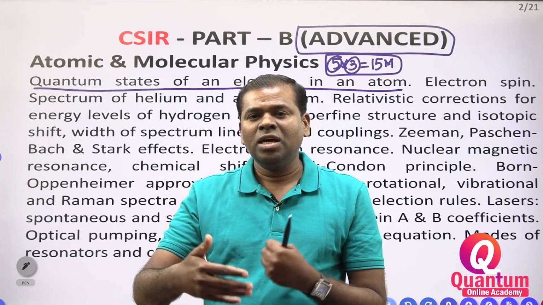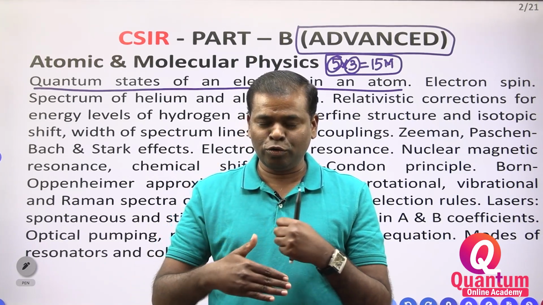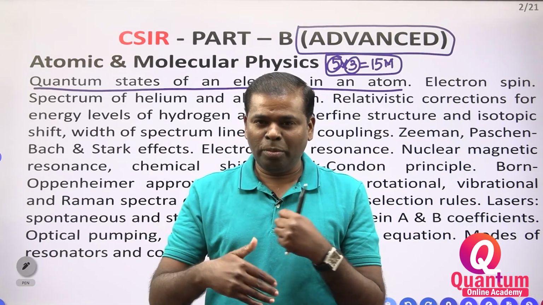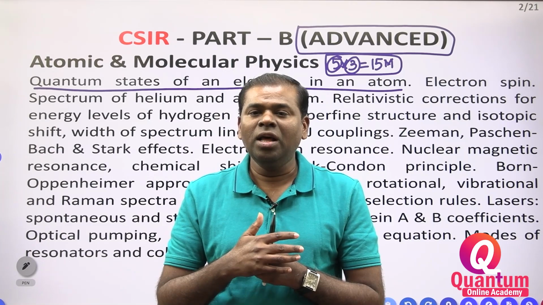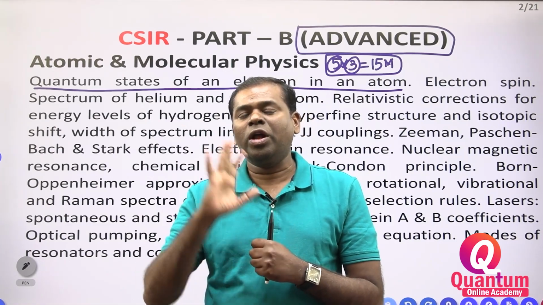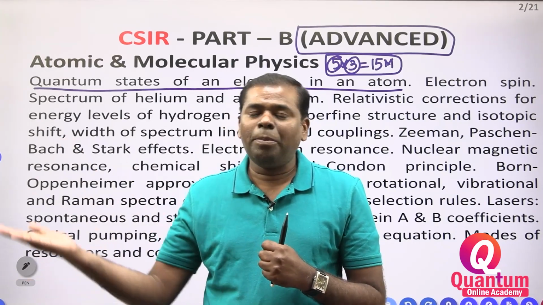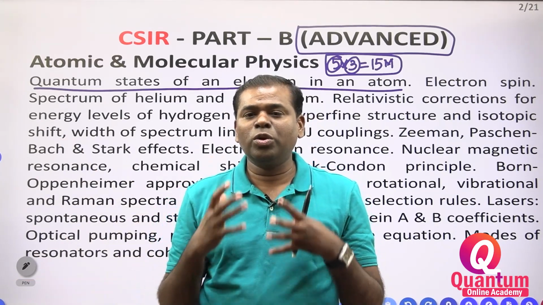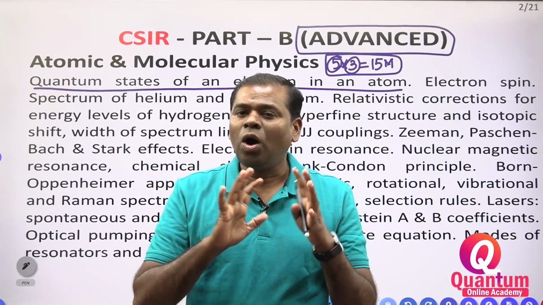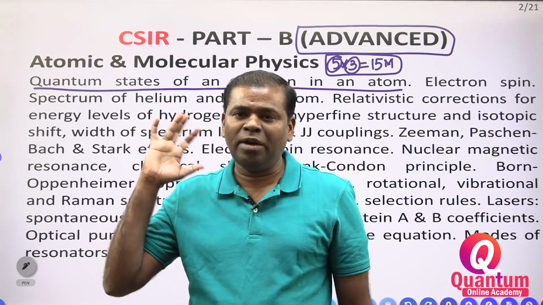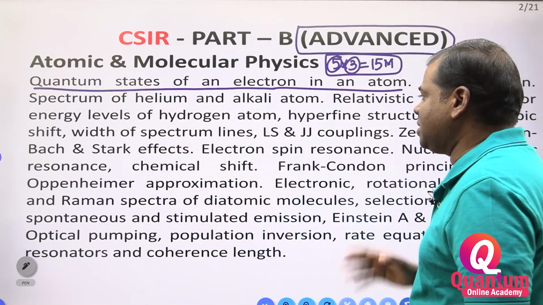Apart from that, you have to learn the models: Bohr atomic model, Rutherford atomic model, Sommerfeld atomic model, J.J. Thomson atomic model, and vector atomic model. We also have to learn the finite mass correction and nuclear correction from here only.